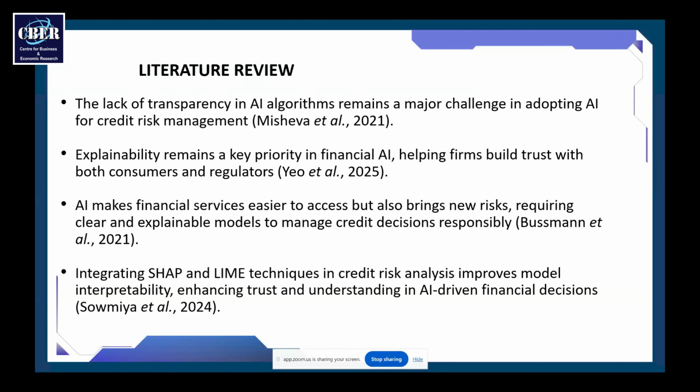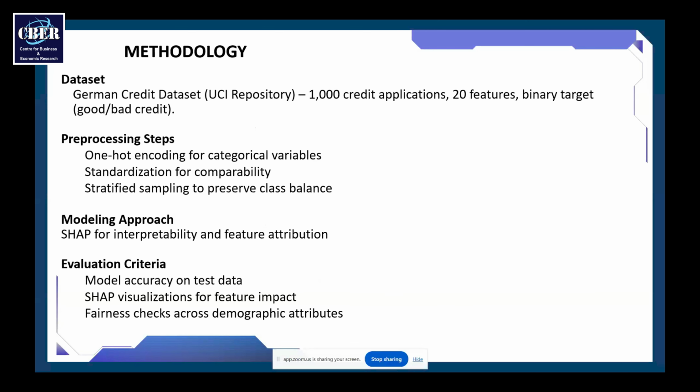There is need to build trust and to be able to explain to our clients and the regulatory authorities why those actions are taken. Then, AI making financial services easier to access also brings new risk. The last one is that integrating SHAP and LIME techniques in credit risk analysis improves model interpretability.